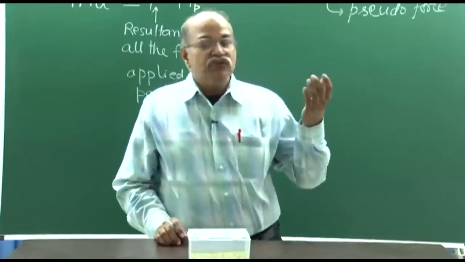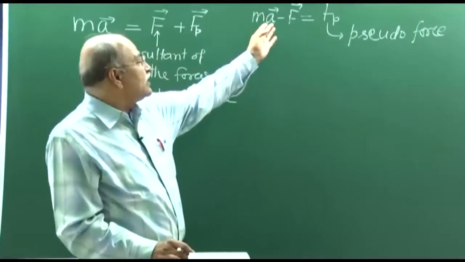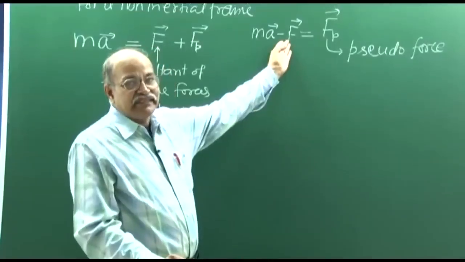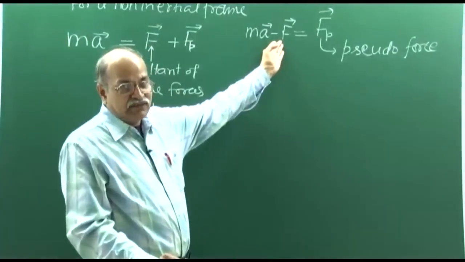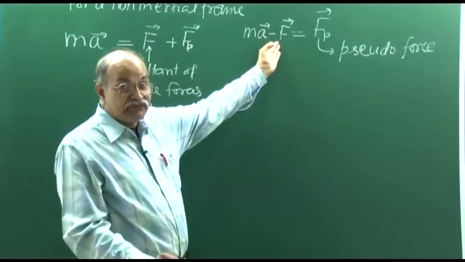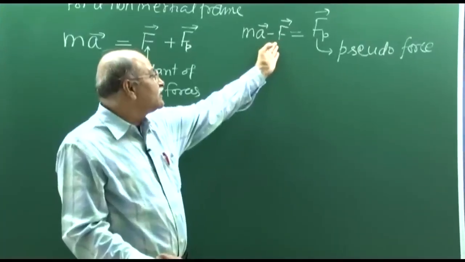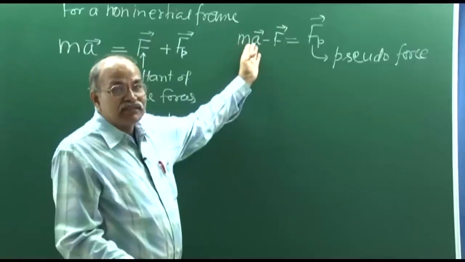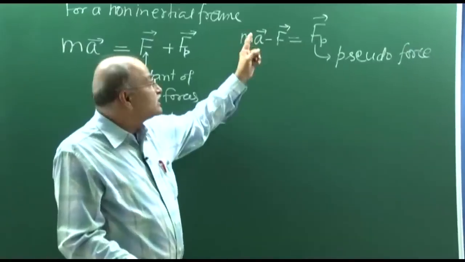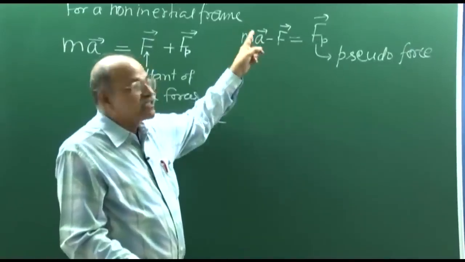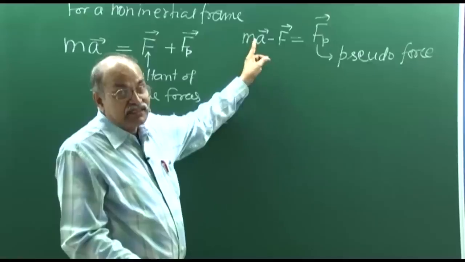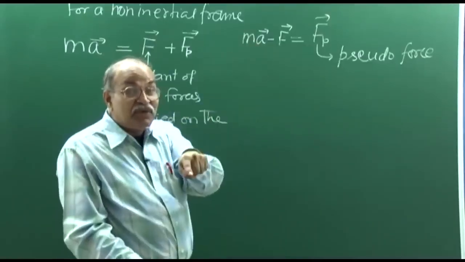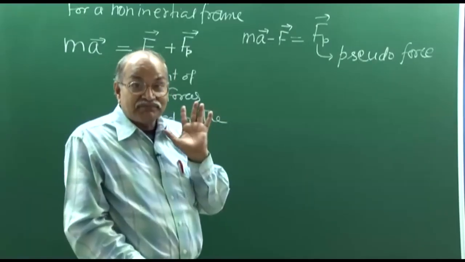So, if you look at this equation, the real applied force is 0, the resultant is 0 in the horizontal direction. In fact, if you neglect friction, there is nothing, and therefore, this pseudo force is just mass into acceleration. This is the acceleration of the particle with respect to that box, which is minus a naught if a naught is the acceleration of the box with respect to the lab.